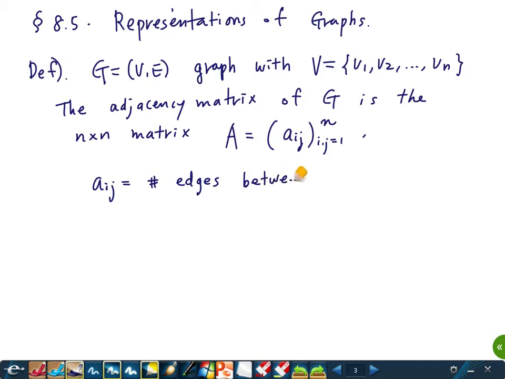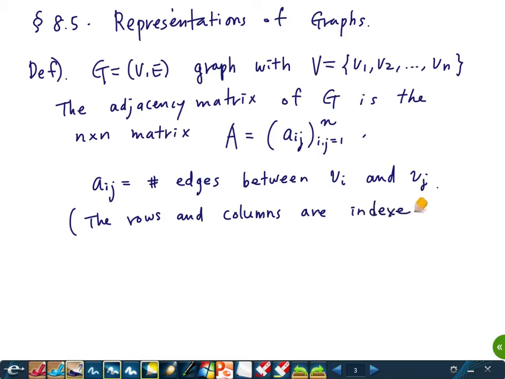between Vi and Vj. So this is not necessarily a simple graph. There may be loops and multiple edges, so there could be more than one edge between Vi and Vj. In other words, we can think of this matrix whose rows and columns are indexed by the vertices.